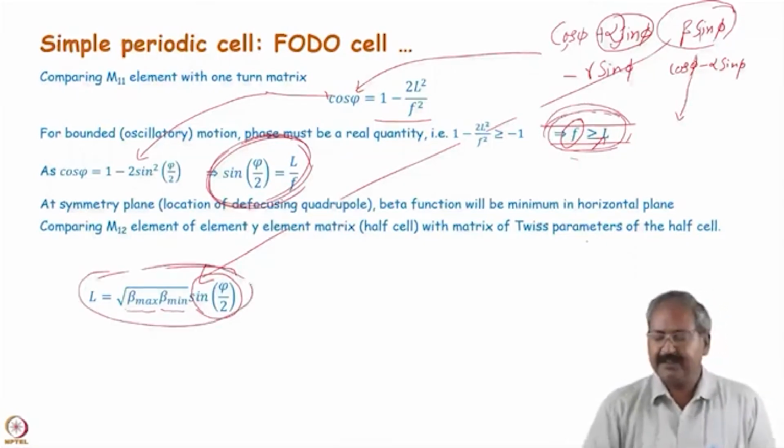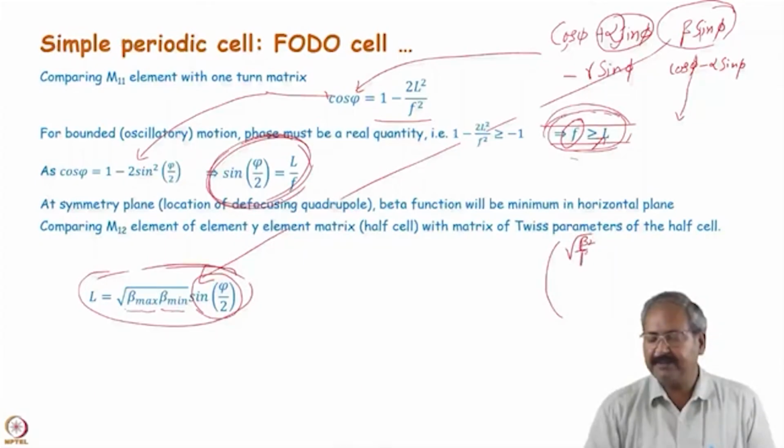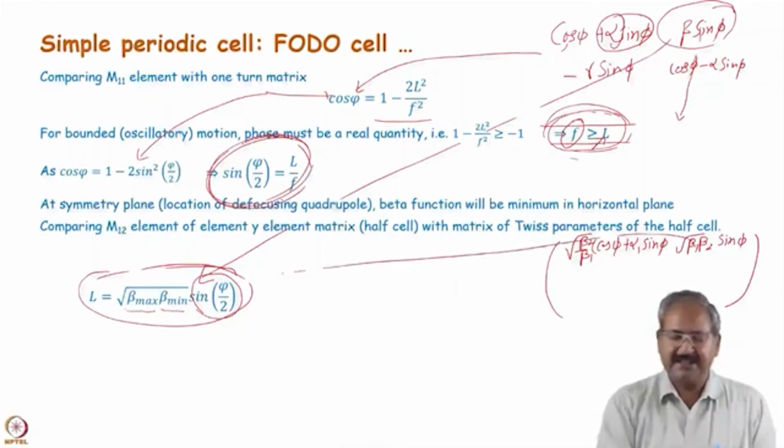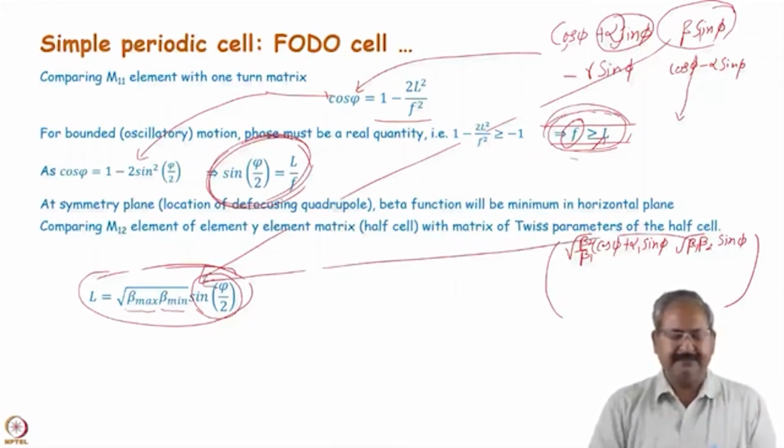Here we will use the complete matrix, that is root beta 2 by beta 1 cos phi plus alpha 1 sine phi and root beta 1 beta 2 sine phi. This matrix will be used here because up to the half cell no periodic solution will be there. Periodic solution will be for the full cell.